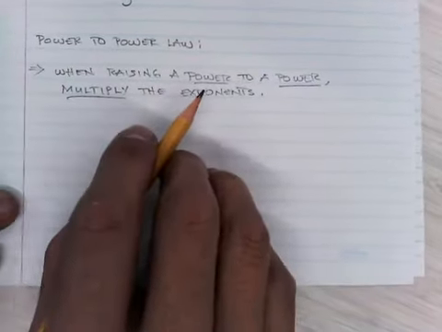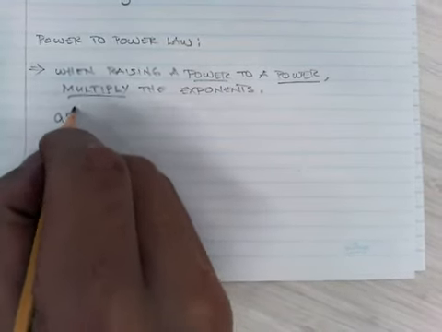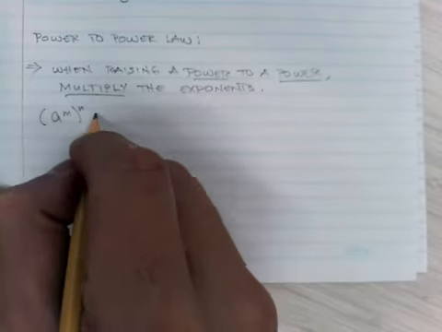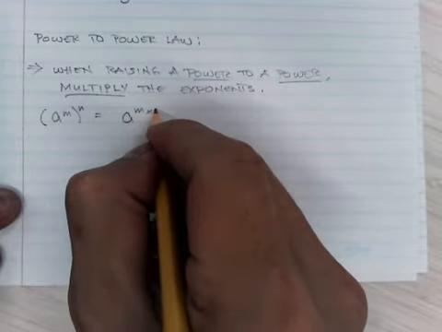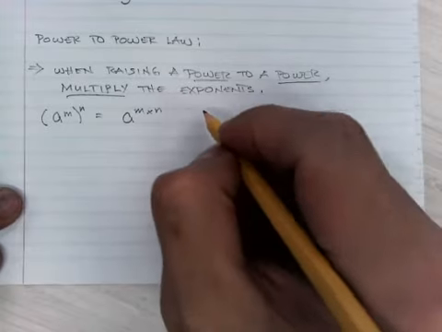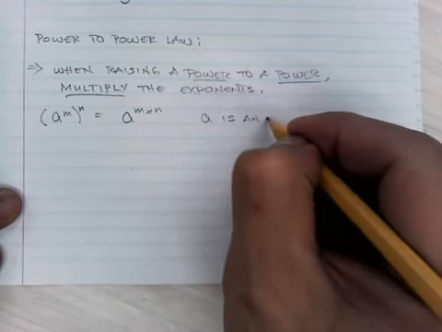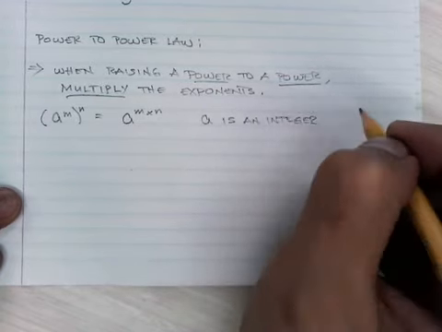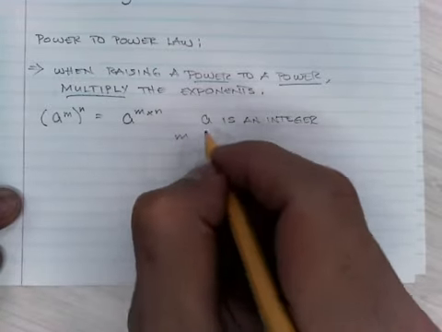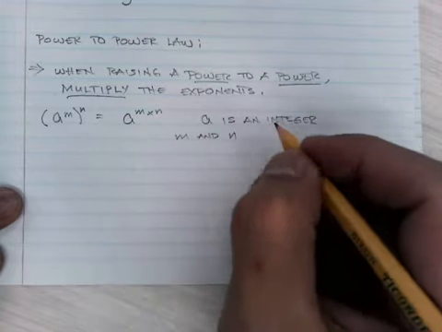In other words, in general, if you have a to the m and you raise it to the power of n, then this is simply equal to a to the m times n. And a is an integer, and m and n are whole numbers.